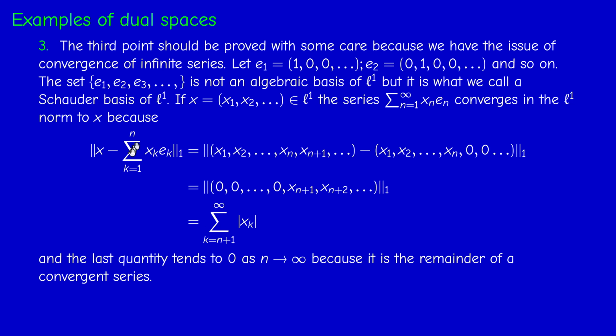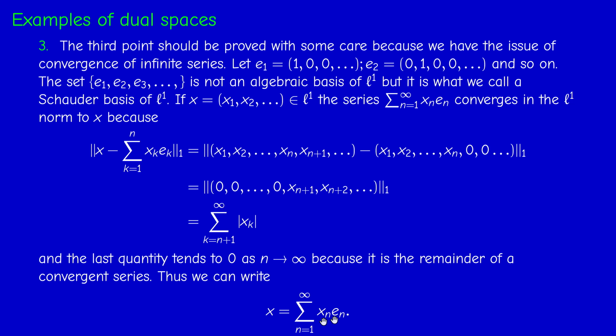So this precisely means that this sequence converges to x, which just means that this series converges to x. This is the meaning when we say that E1, E2, etc. is a Schauder basis. So it's not at all trivial, we have to do some work here. We can write x as this infinite series.